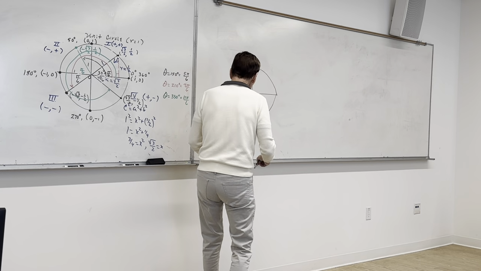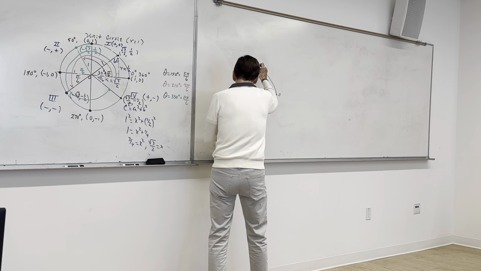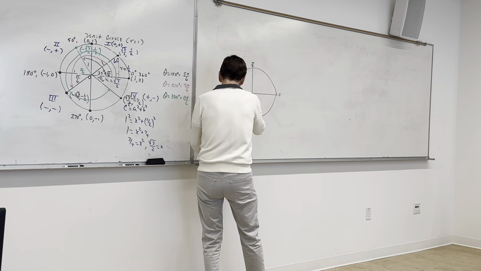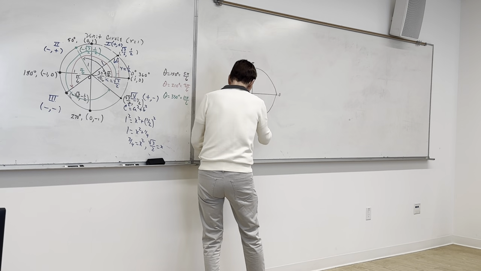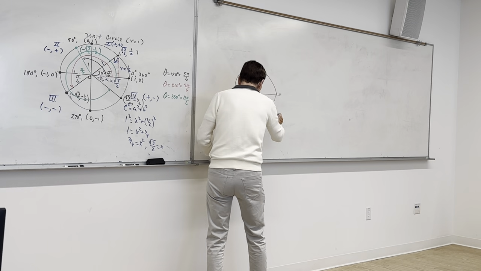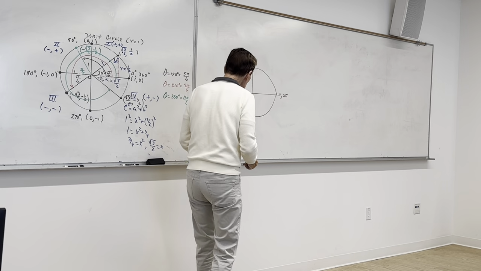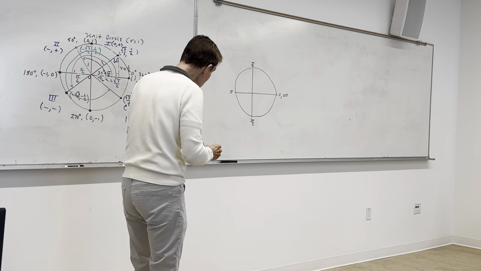Okay, 0. Pi over 2. Pi. 3 pi over 2. And if I make one complete revolution, that's 2 pi. Lopsided circle.